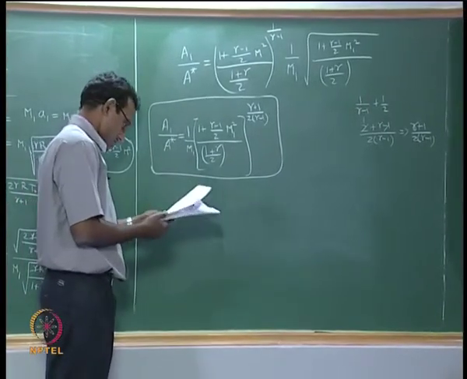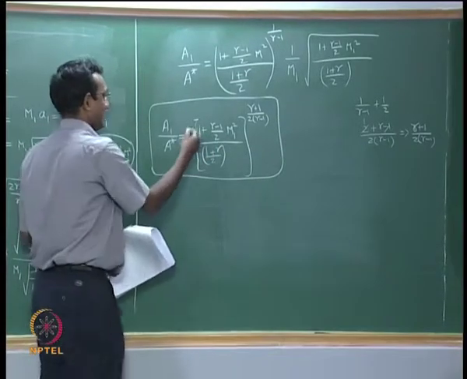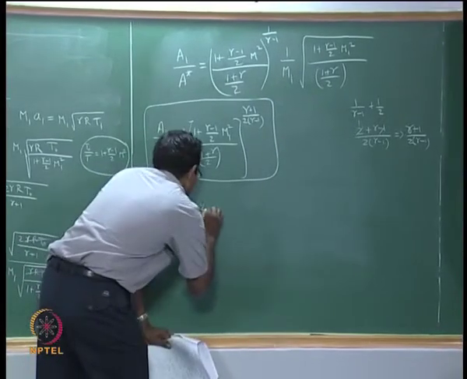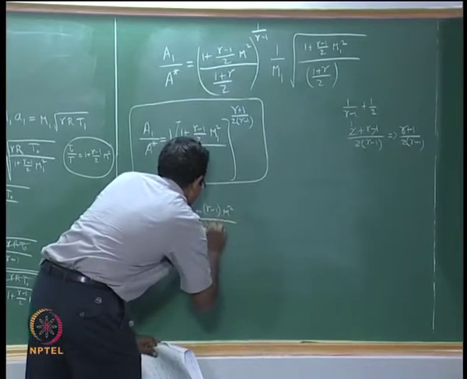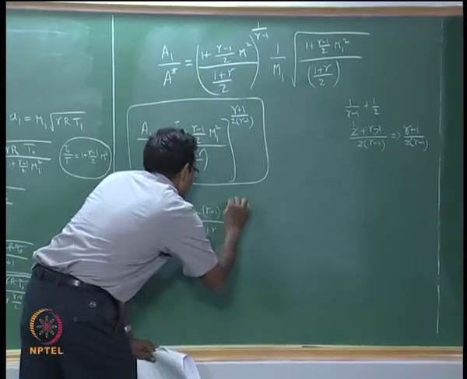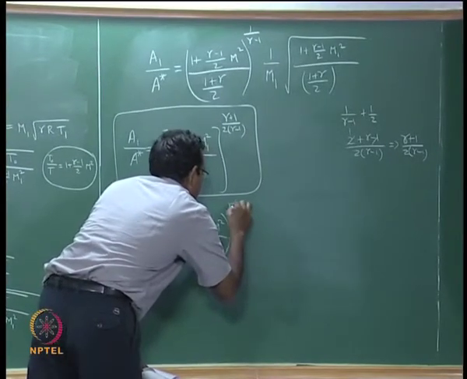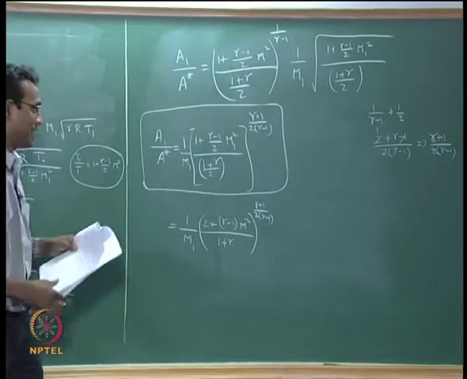Now, instead of having this divided by 2 and so on, I can rewrite this as one more statement: 2 plus gamma minus 1 times m square divided by 1 plus gamma, whole to the power gamma plus 1 by 2 times gamma minus 1. This is one more form you will see.